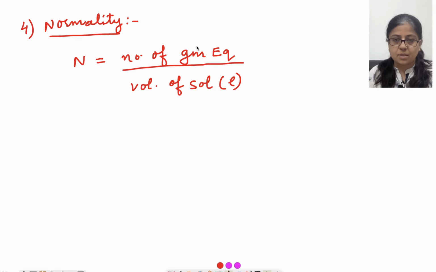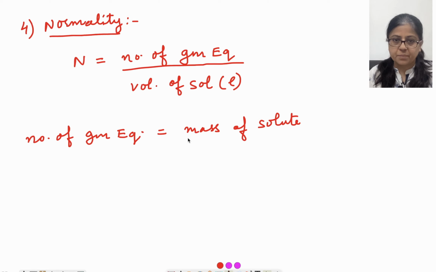Now, how will you calculate the number of gram equivalents? This is the important term. Let us discuss some of the major points to calculate the number of gram equivalents of any solute. The number of gram equivalents is equal to mass of solute divided by equivalent mass.